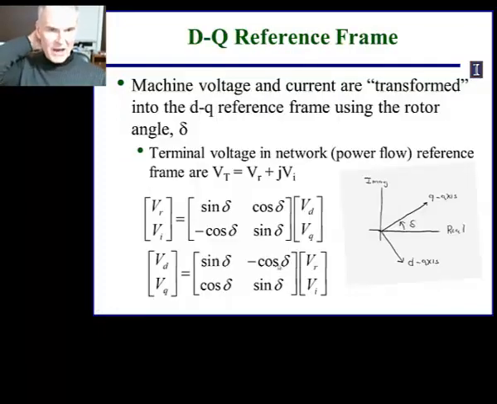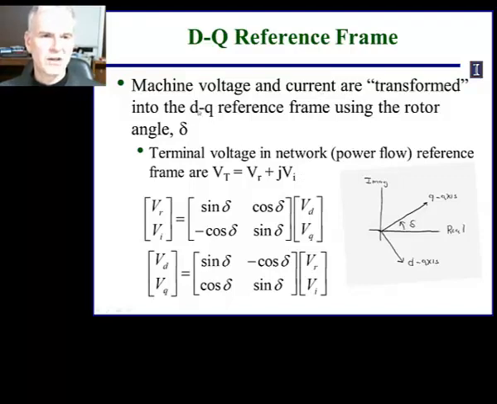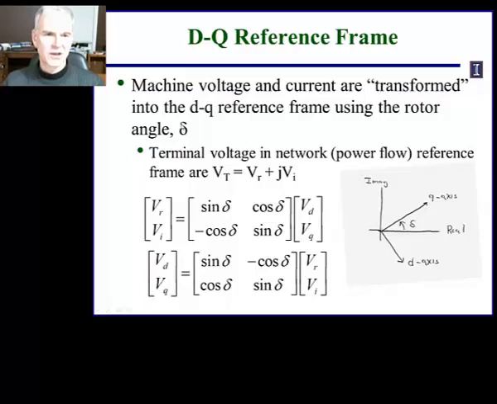When we do that, the machine voltage and current are transformed into the DQ reference frame using the rotor angle delta. So what we'll have is the terminal voltage of the generator in the network, or sometimes known as the power flow reference frame. We'll define that as V terminal equal to its real value plus j times its imaginary value.